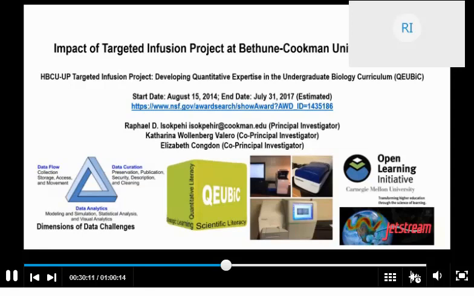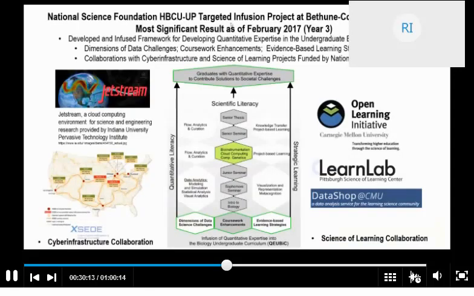And the overview of our project is on this next slide, where we look at the infusion of the dimensions of data challenges. We enhance the coursework experience of students, and we provided evidence-based learning strategies.